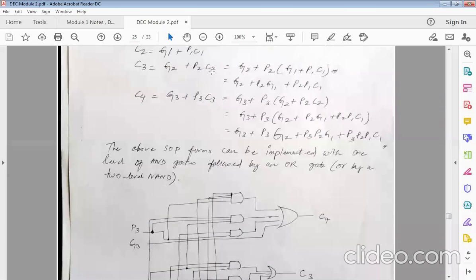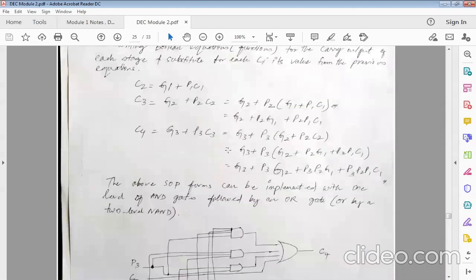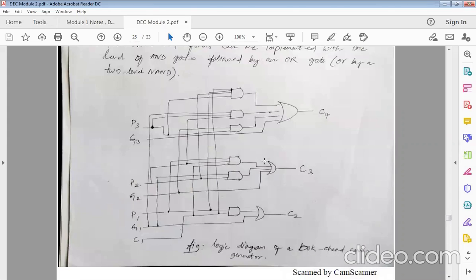Instead of putting it directly, I will take the expanded final equation and bring it here. So I need P2, G2, and P1. All that is taken here: P2, G1, G2, and C1. All that is taken and given to C3 and C4. This is how we obtain it. Any confusions here? How we have got this logical diagram, students?